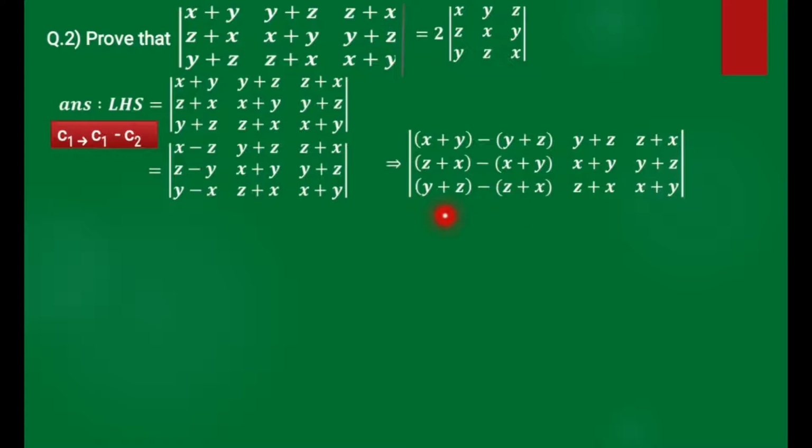Then for this third, y plus z minus z plus x, this plus z minus z cancels, and after multiplying by minus sign, this x changes to minus x, so we write here y minus x and keep second column element, third column element as it is. So here we write C1 changes to C1 minus C2.